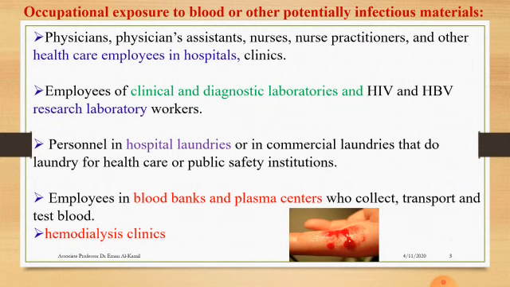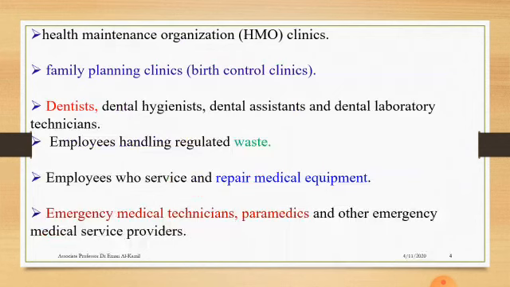Also individuals working at hemodialysis clinics, health maintenance organization clinics, and family planning or birth control clinics, because they are dealing with mucous membranes during the insertion of certain birth control measures, such as the intrauterine contraceptive device. Dentists, dental hygienists, or people working in dental clinics.